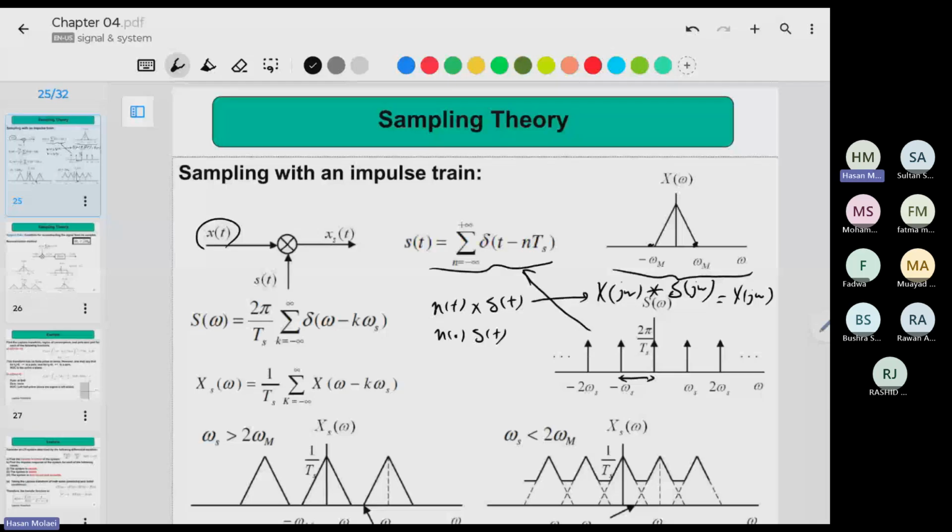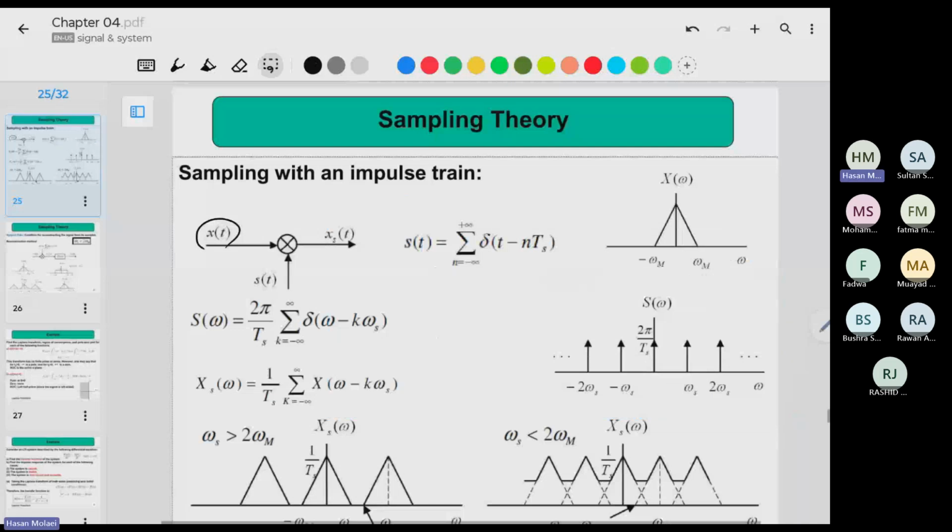Now, if I convolve X with any of these, if I convolve X with this one, it would be X. If I convolve X with this one, it would be shifted to omega s. If I convolve X with this one, it should be moved to 2 omega s.